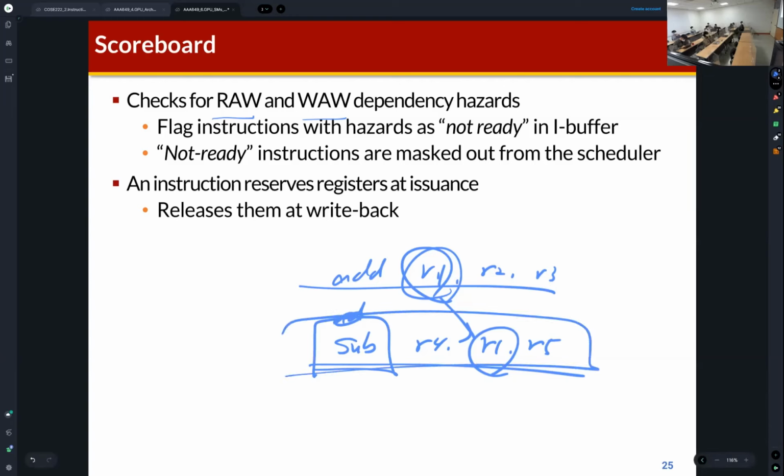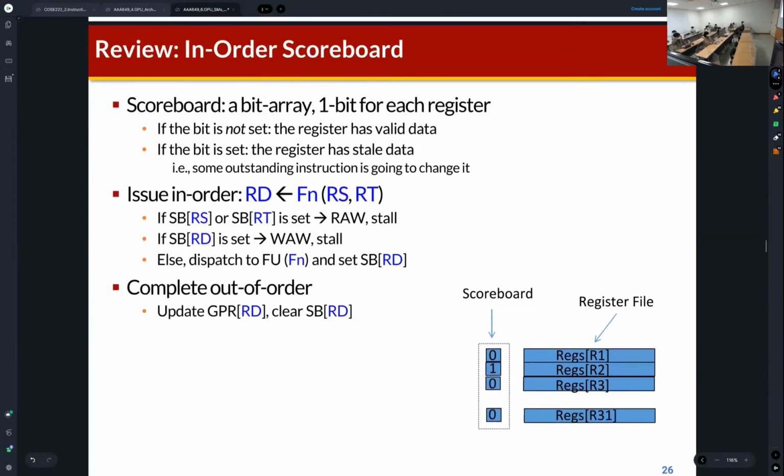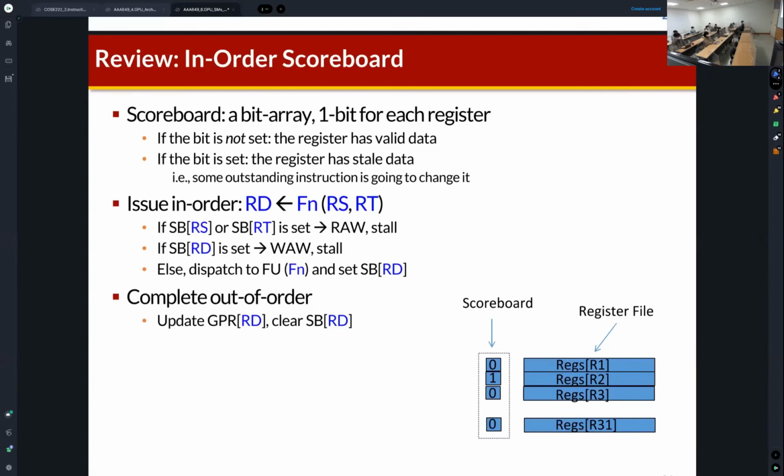So the scoreboard checks the readiness of the registers, and thereby the readiness of the certain warp. Its algorithm is actually very simple because the GPU is in-order execution. GPU supports only in-order execution. The compilation can be out of order, but the execution order is in-order. That's why the scoreboard of the GPU is very simple.